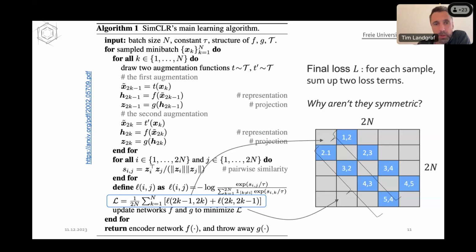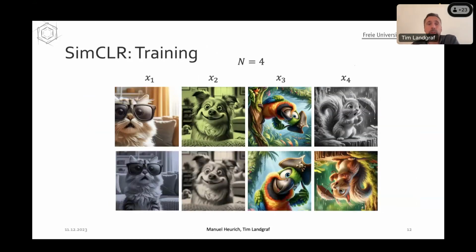Okay, so let's do a little example. We have a cat and a dog and the bird and the squirrel. And these are the two augmentations, so this is x_i and x_j.